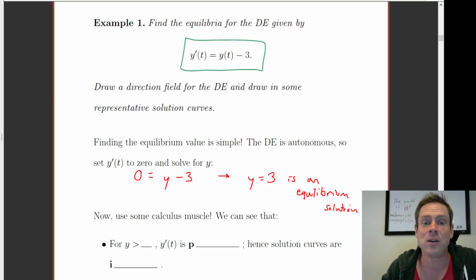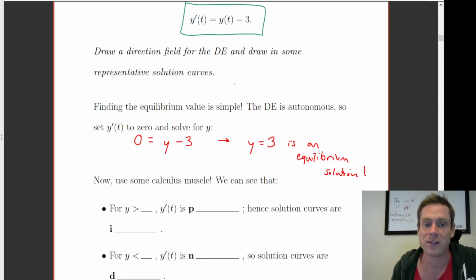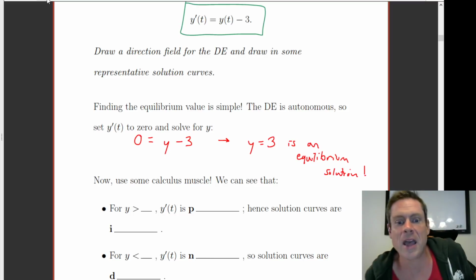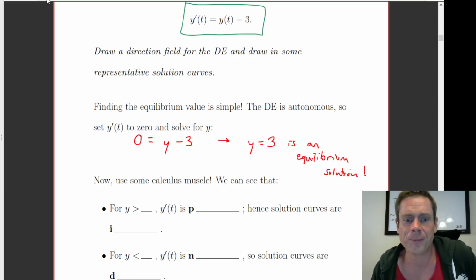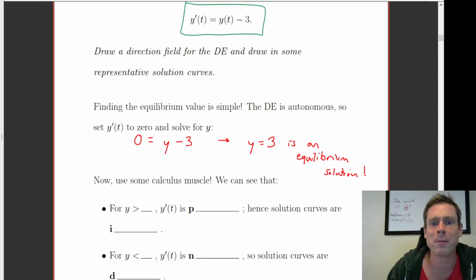Now, I'm going to see where this quantity is positive and where it's negative, because that's also going to help chart where the solutions are going to be decreasing and increasing. And we can see, if we have y prime of t equals y minus 3, so I'm going to just write that down right here.